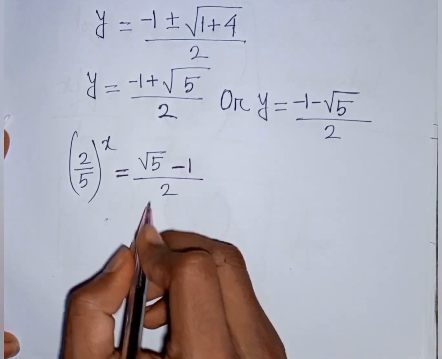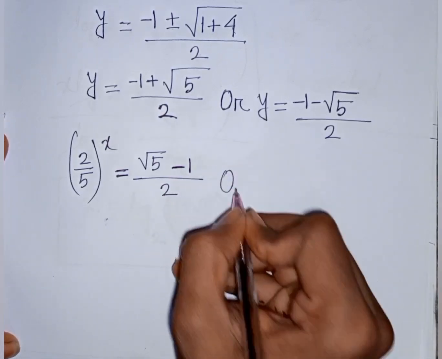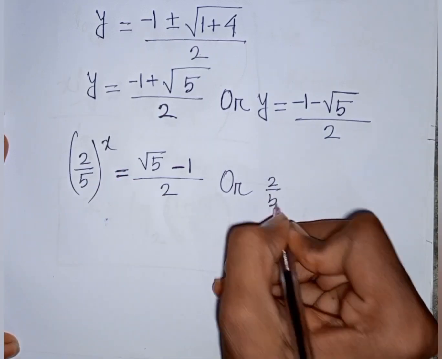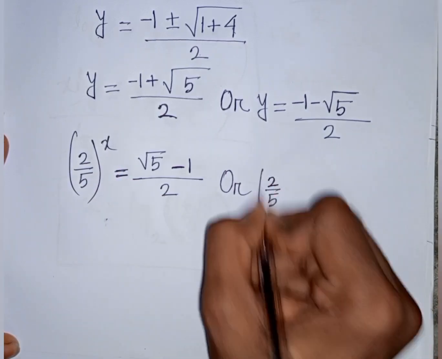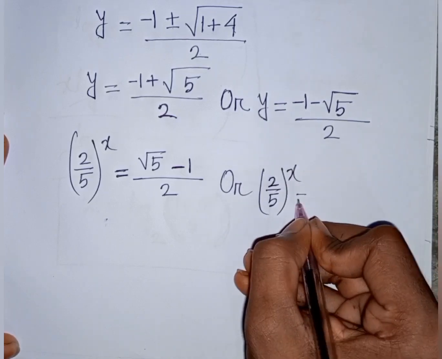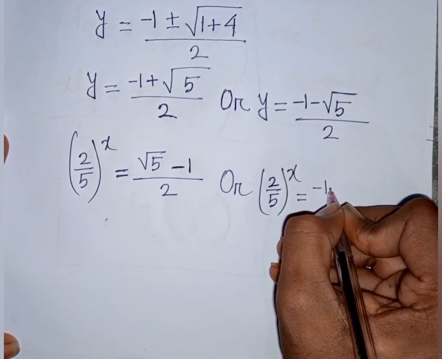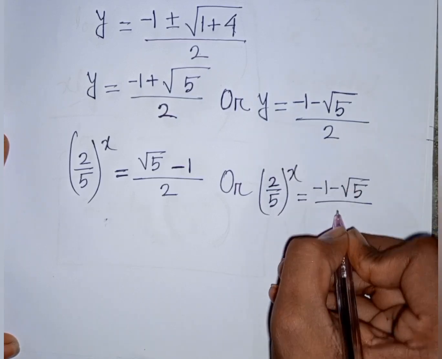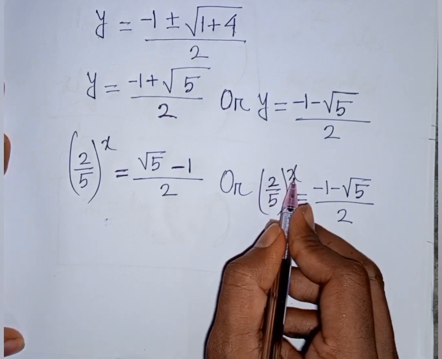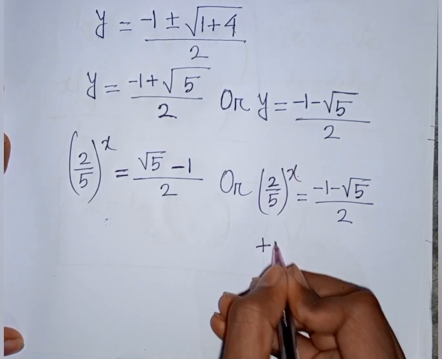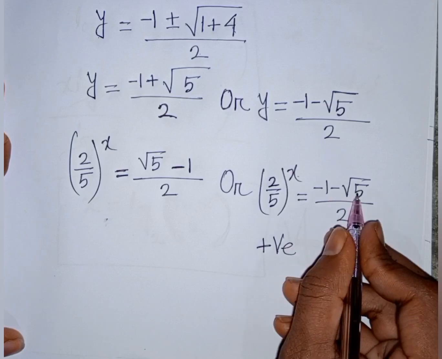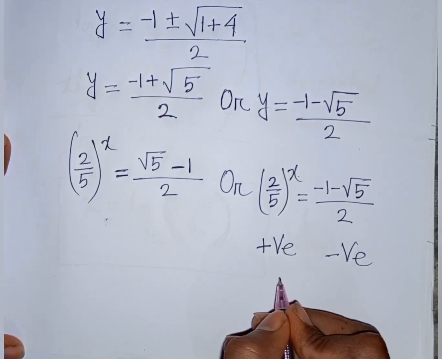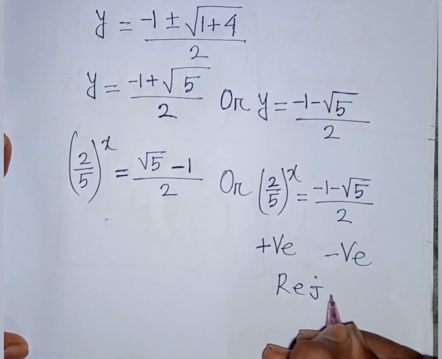Or y, that means 2 by 5 bracket power x, is equal to minus 1 minus square root of 5, divided by 2. Now we see 2 by 5 bracket power any number is always positive, but minus 1 minus square root of 5 divided by 2 must be negative. So positive cannot be equal to negative, so this is rejected.